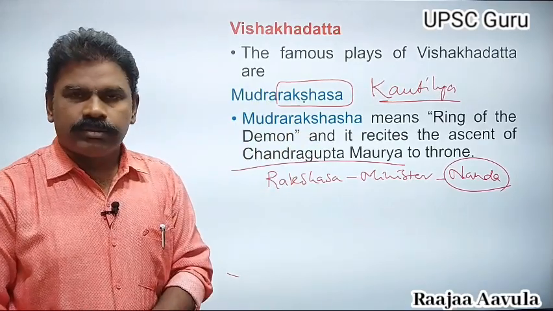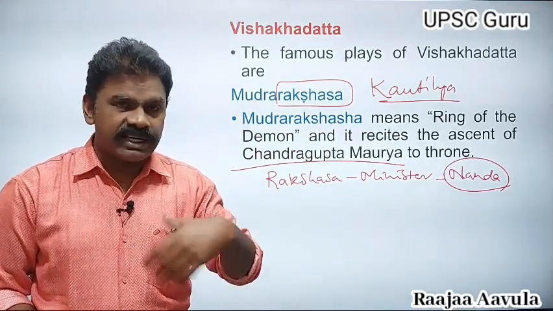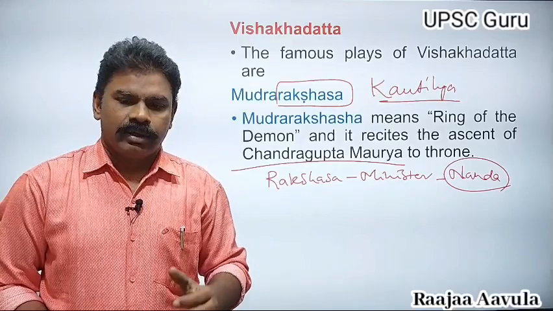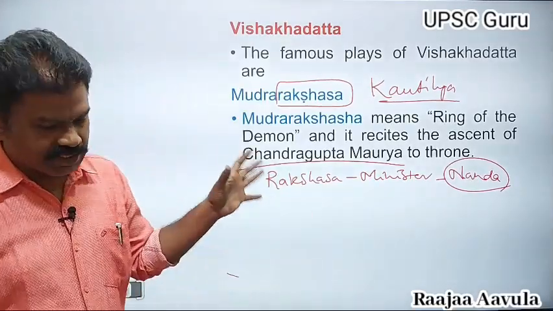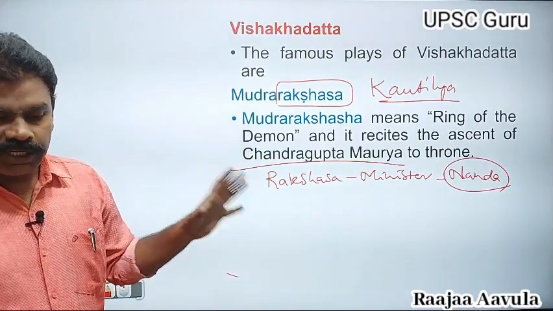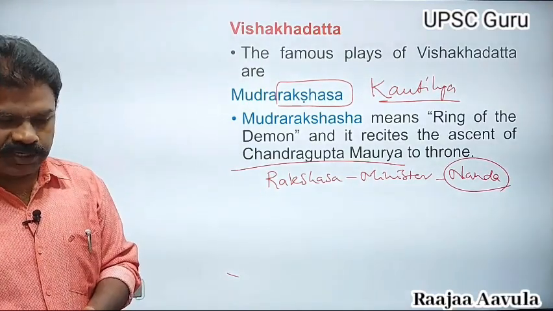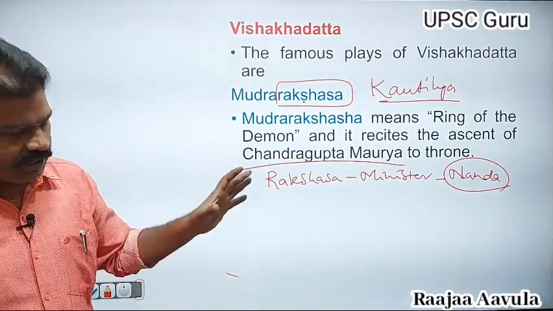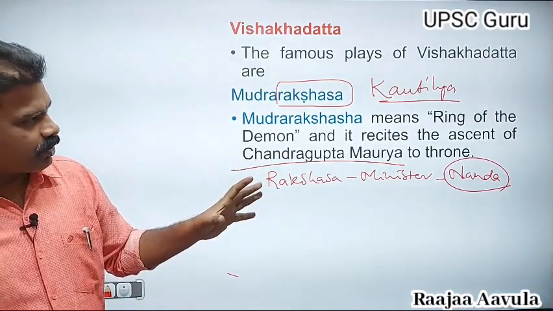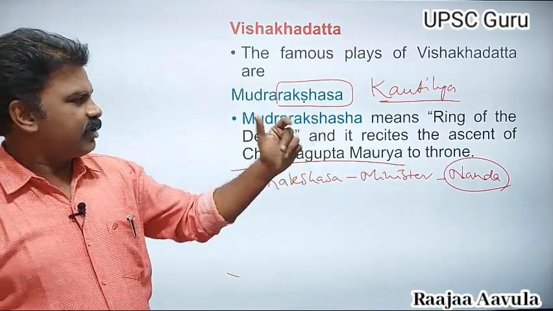It was a created story, less than fiction, but a created story. It narrates the ascent of Chandragupta Maurya, and the book's name means ring of the demon.